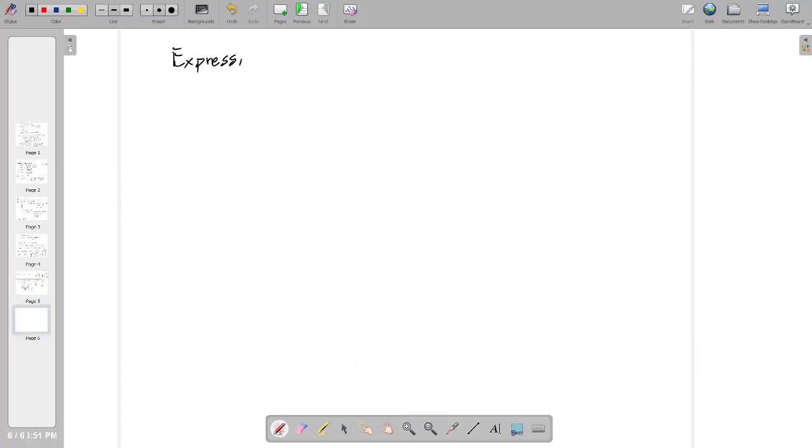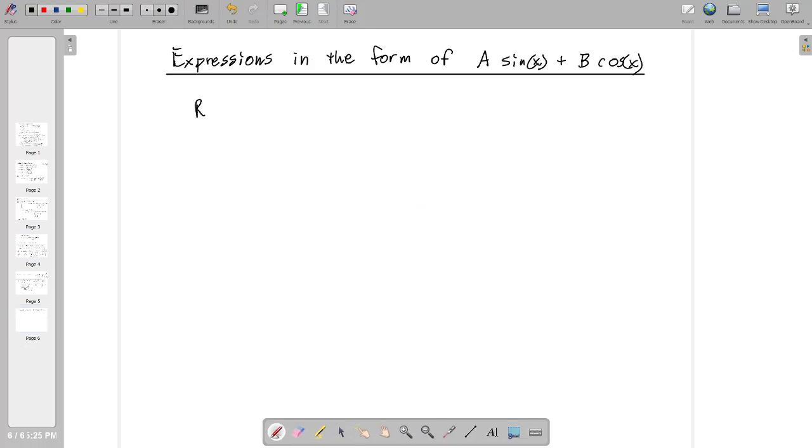Right, the last topic I want to cover is expressions in the form of a sine x plus b cosine x. Recall, sine of theta plus phi is equal to sine of theta cosine phi plus sine phi cosine theta. Suppose that we know what phi is. Then cosine of this angle phi would give us some constant.